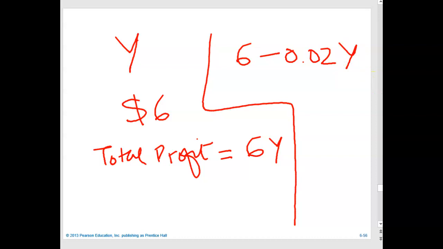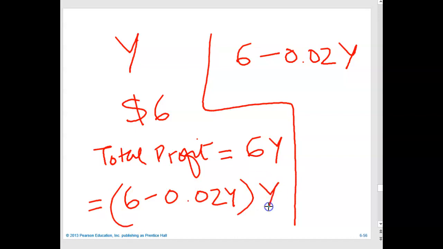In this case, the total profit that you get from y units of product would be equal to 6 minus 0.02y multiplied by y. And if I expand this expression, you will see that I end up with a quadratic term in my total profit expression.